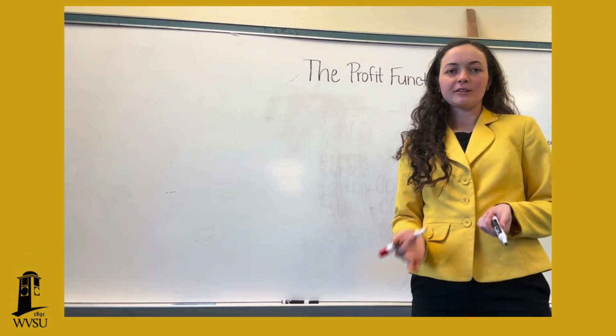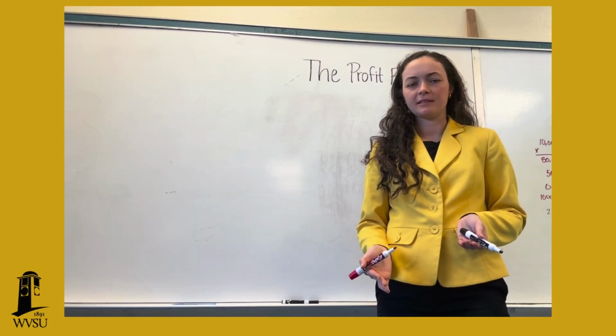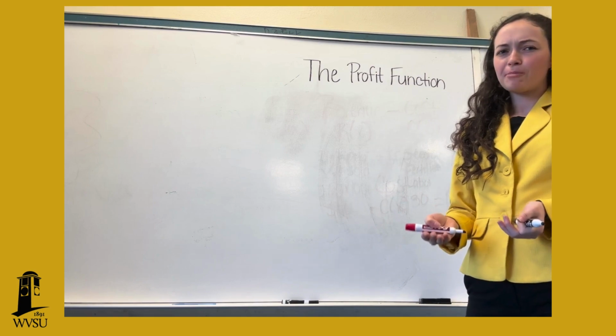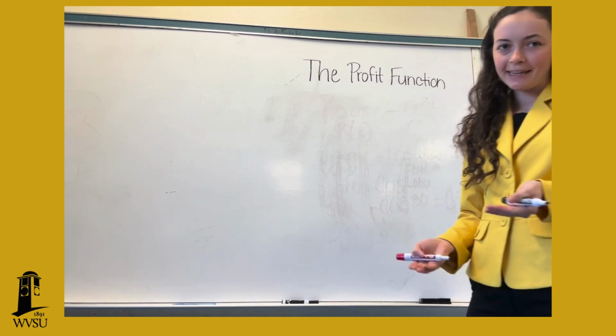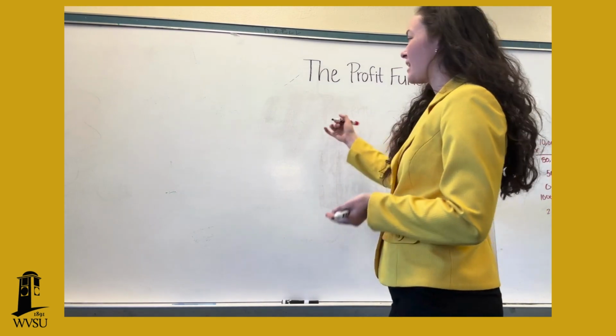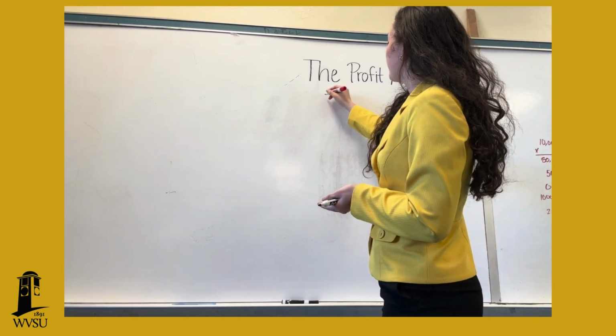As I mentioned, the cost function can be very complex when it comes to running an agribusiness. Something that you've probably heard a lot of as a high school student is slope-intercept form, y equals mx plus b. In this case, we're going to use that to create our cost function.